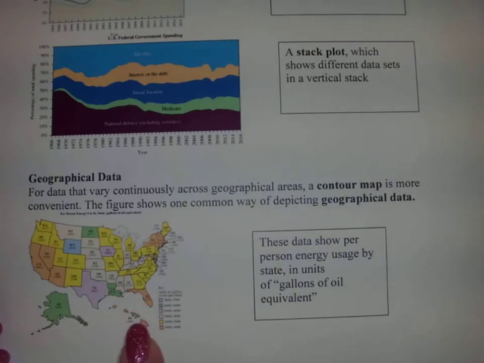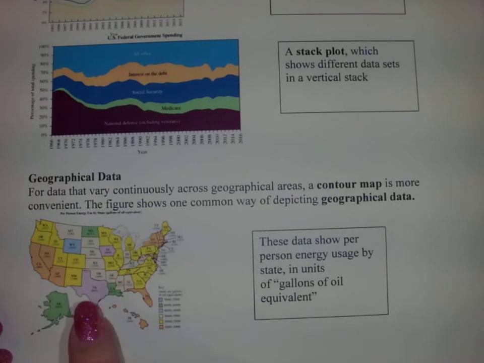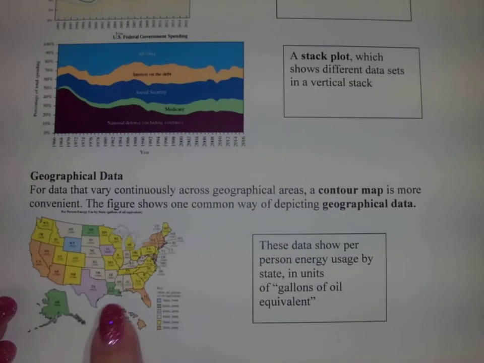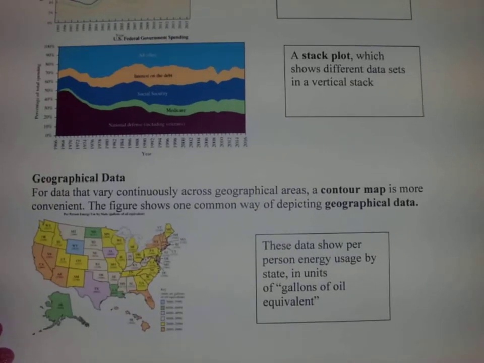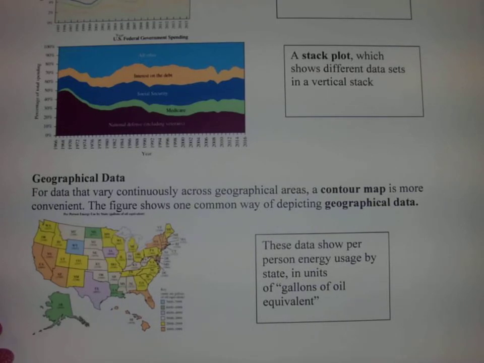The oranges are the smaller amount, going to yellow and then the cream and then purple, green, and blue. So that means the blue state uses the most energy in oil. And then the green states, and then the purple states going down to the beige ones, and then the yellows and the orange ones use less oil.